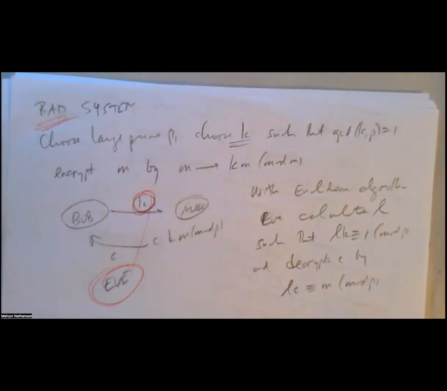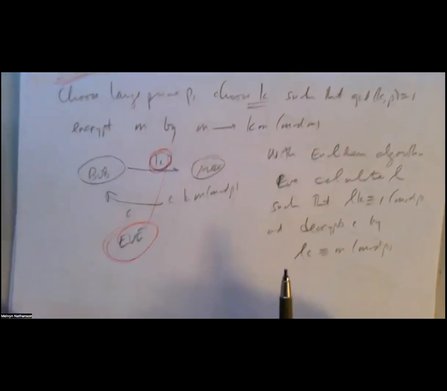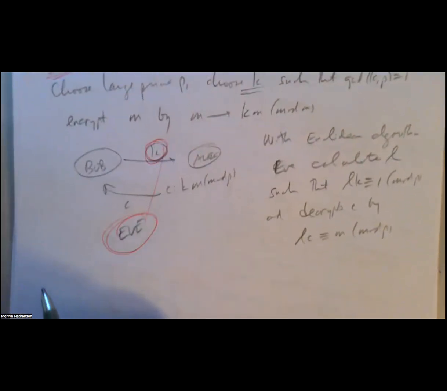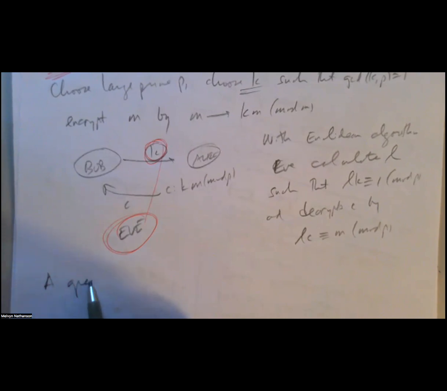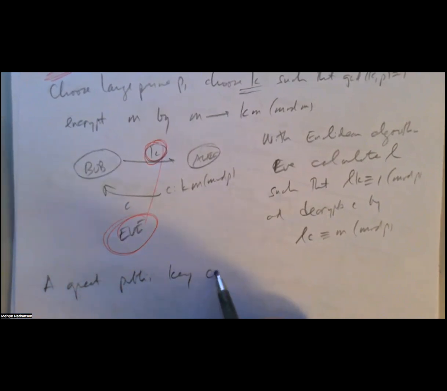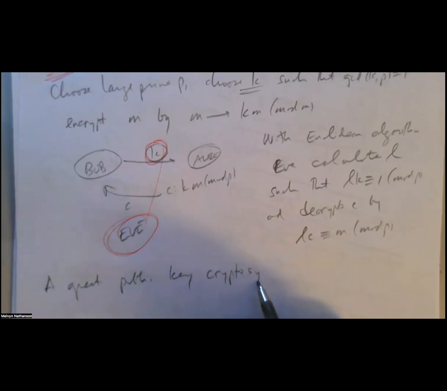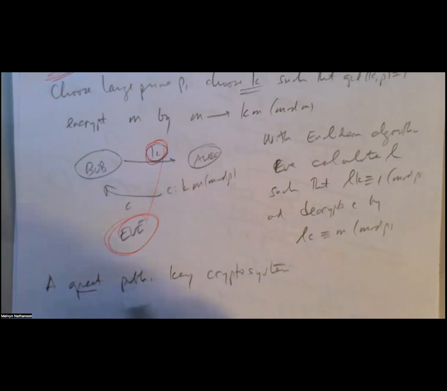And what we discussed yesterday, and I'm going to go through again today, is a great public key crypto system. I have to explain how it works and why it's great.